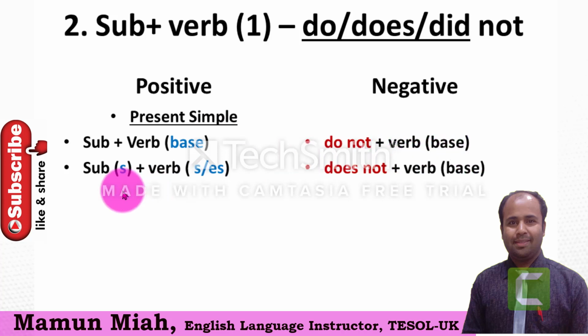But for the later one, subject singular and verb singular, with s or es added, you have to use "does not" plus verb base form. Here, look, there is a change. For the single verb to make it negative, of course the verb will always be the base form, though it was earlier s or es connected. But now it will be the base form, not s or es.